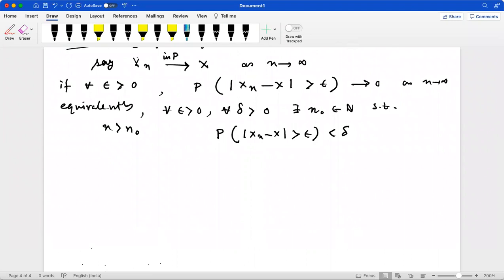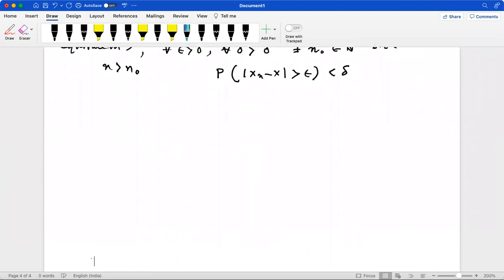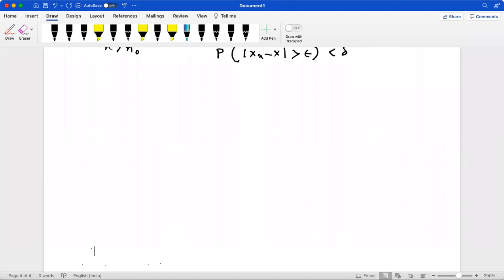There are other convergence concepts also. We have only discussed two convergences so far: one is weak convergence, another is convergence in probability. We'll go to the others later.